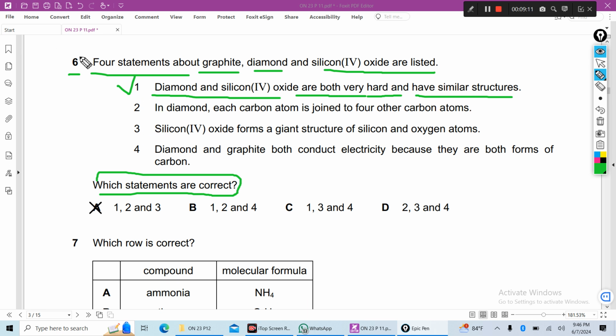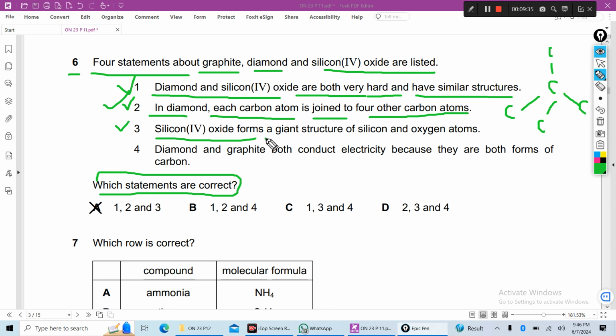So 1 is the right answer. Number 2, in diamond every carbon atom is joined to 4 other carbon atoms. This is true. Carbon is tetrahedral. See, 1 carbon is attached to 4 other carbons. Now 2 is also the right answer. 3, silicon(IV) oxide forms giant structure of silicon and oxygen atoms. Silicon dioxide formula SiO2. So this is also true.